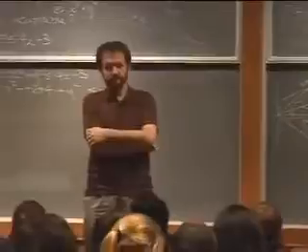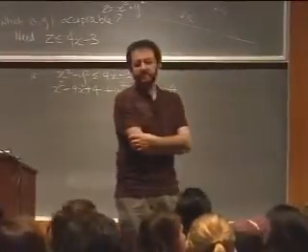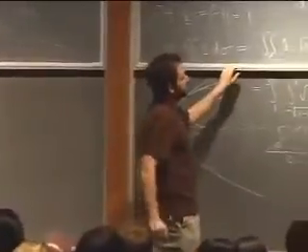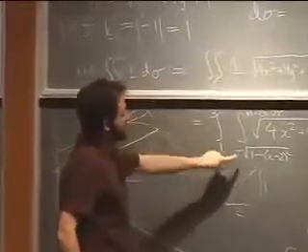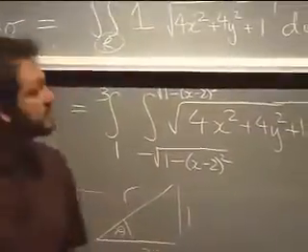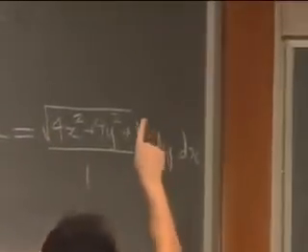Instead of doing the law of cosines, can we just plug in r cosine theta or r sine theta into the original equation? That's a good question. So the question is, instead of using the law of cosines, could you not say, well, we know that y goes between this and this, the original equation, which is essentially this.